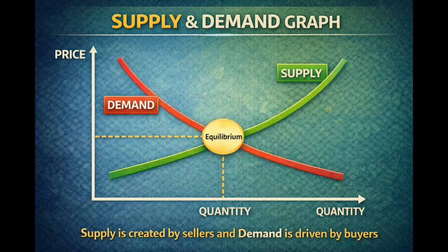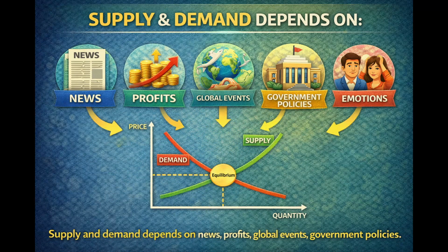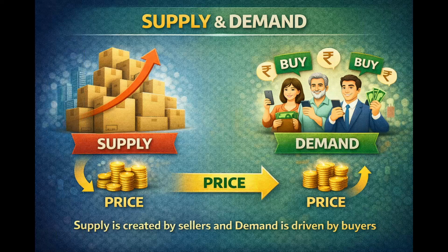So this is the logic behind the movement of the price. Everything depends upon supply and demand, but supply and demand depend upon a lot of factors like news, profits of the companies, global events, government policies and even market sentiment. So because of supply and demand the prices move.